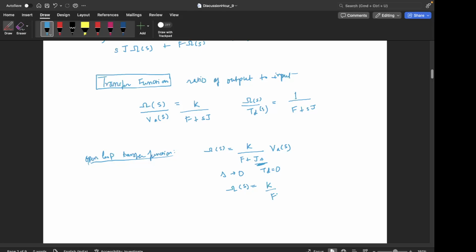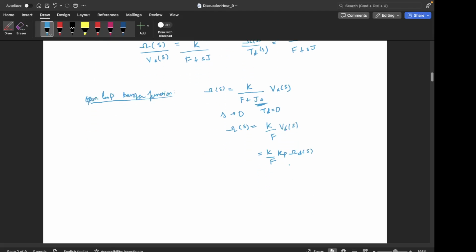Then K by F is a constant, right, times VAs. And if we write VAs as Kp times omega desired s, that is the open loop control scheme, because there is no feedback.